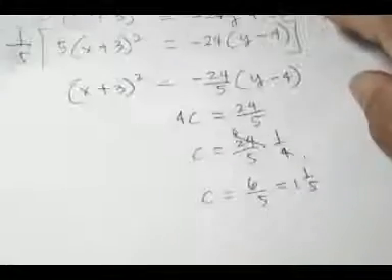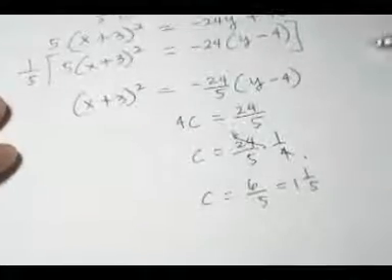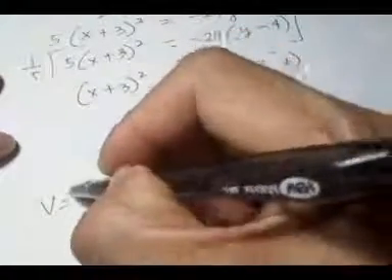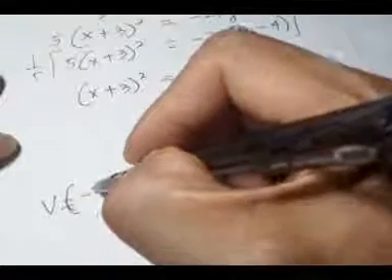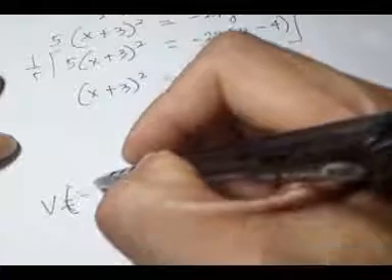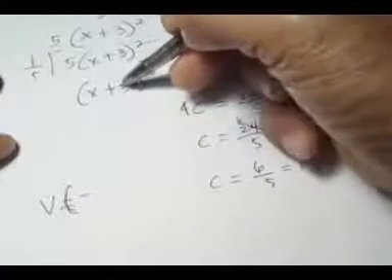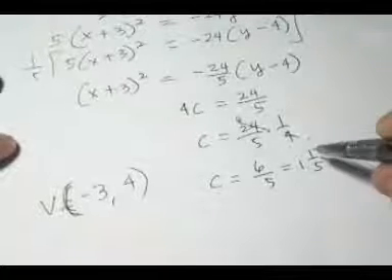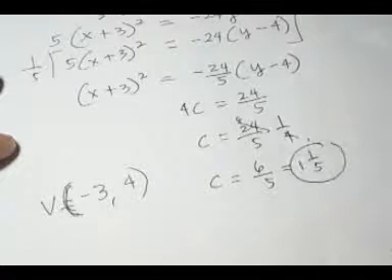Next, the coordinate of the vertex has coordinate negative times negative is positive, so negative 3 and 4. So this is our vertex, and c is 1 and 1/5.